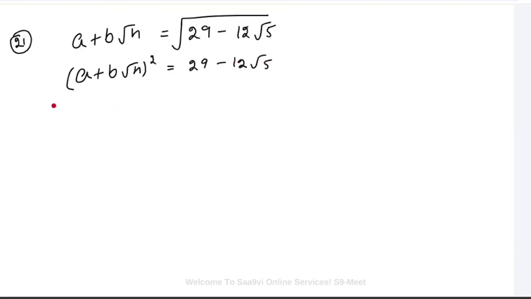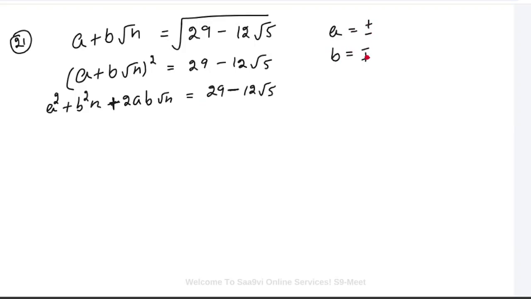Now if I open it, this is a square plus b square n plus 2ab root n, that is equal to 29 minus 12 root 5. Now that clearly tells me that if it is plus 2ab root n and here it is minus, that means out of a and b, one has to be positive and the other has to be negative. Then only we can have this minus sign.